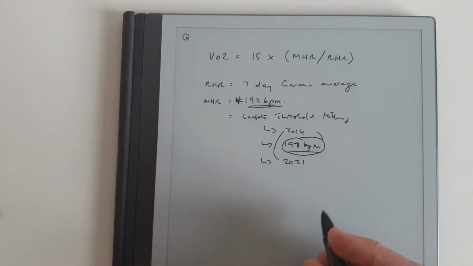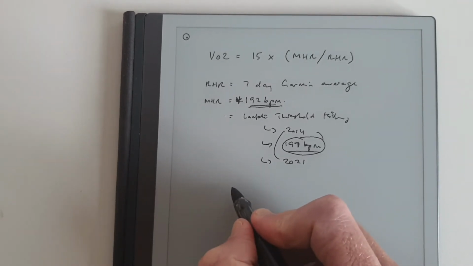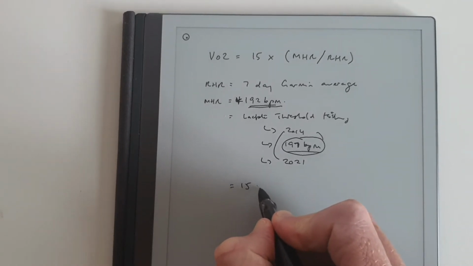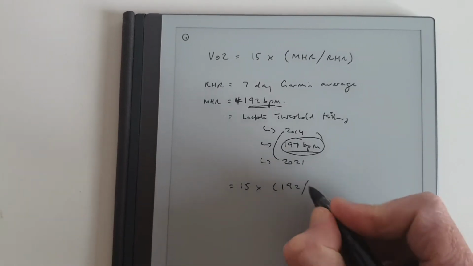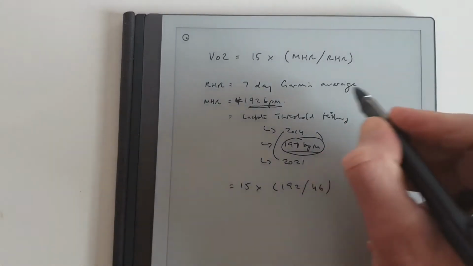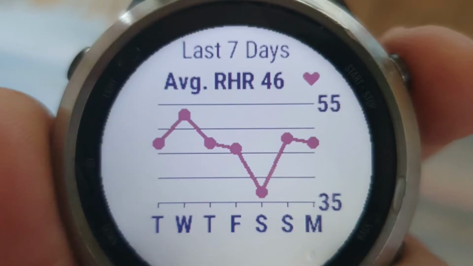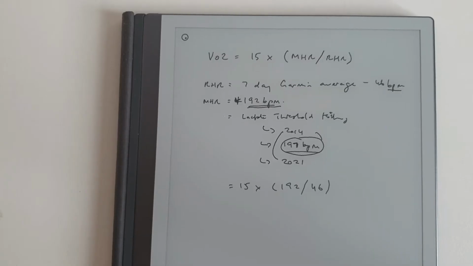my VO2 max. So my VO2 max is 15 multiplied by 192 divided by 46. 46 BPM is my current average resting heart rate as per my Garmin watch.